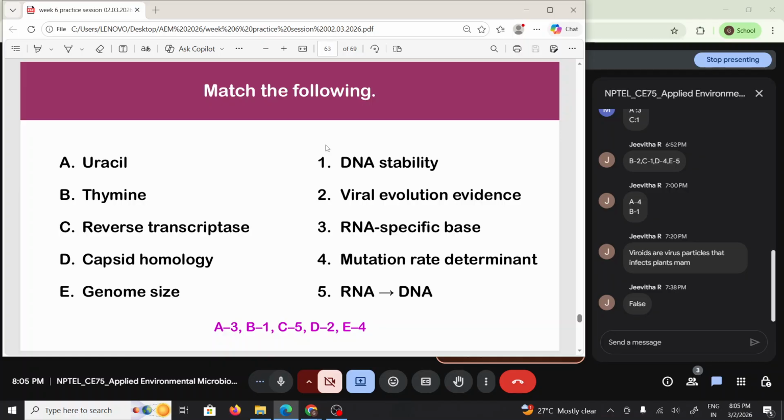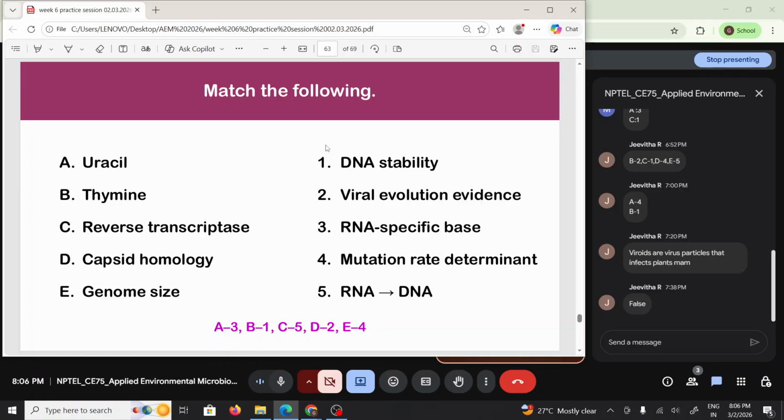The difference between DNA and RNA is that one is single stranded, and RNA has uracil whereas DNA has thymine, and this also determines the stability of the molecule. Thymine confers stability to DNA in comparison to uracil, which does not confer such stability to RNA. And reverse transcriptase again converts RNA to DNA.